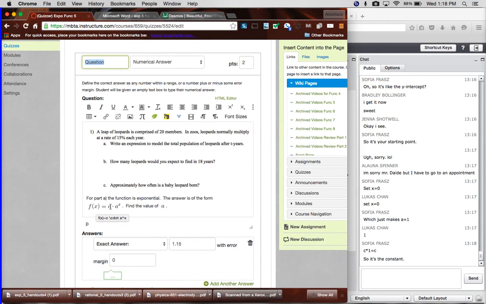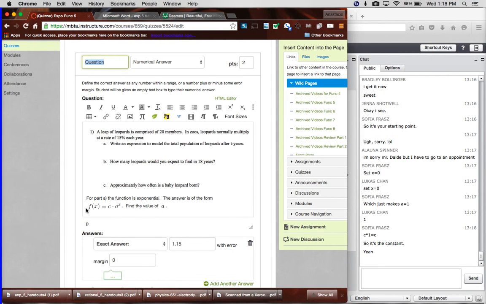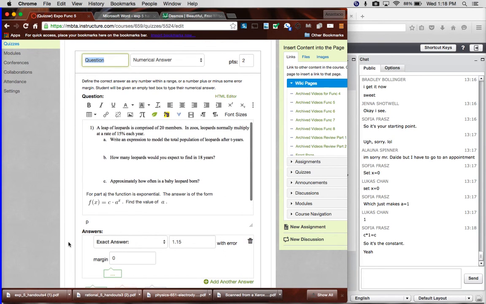So c is your y-intercept because 1 times this value of c is equal to the y-intercept. Does that make sense? So when we're dealing with exponential functions, yes, this value of c is actually the y-intercept. That's not the case always, so don't get too comfortable with that.